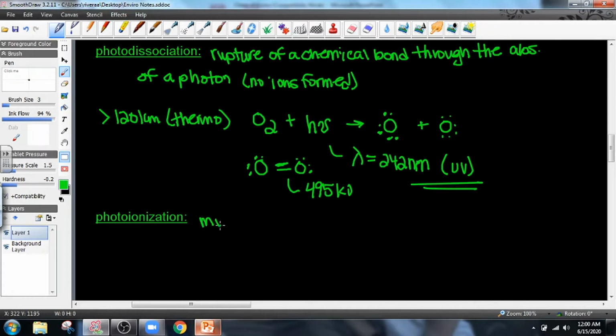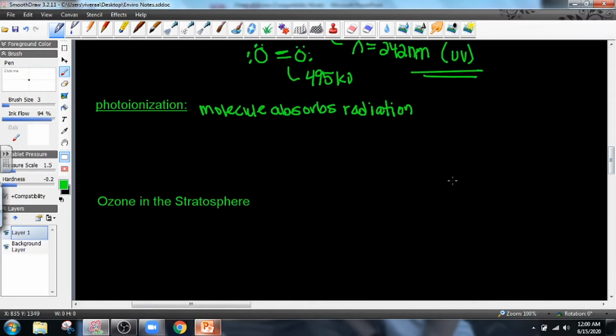So this is when the molecule absorbs radiation and an electron is emitted, creating a cation, right? Because if we lose that electron, it now has positive charge.